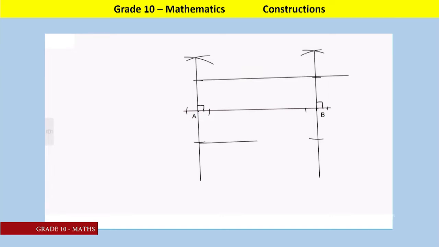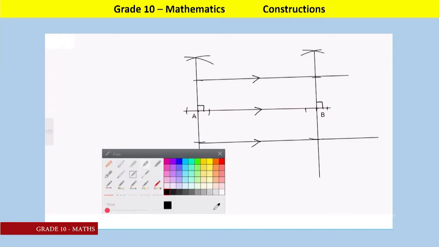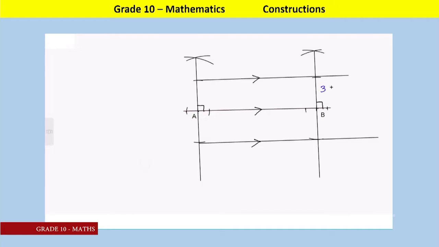Hope you work with me. Here we have found 2 lines. You can measure the distance A to the line, that is 3 centimeters. If you take a correct measurement, that is 3 centimeters. So, mark 3 centimeters, 2 parallel lines 3 centimeters away from AB.